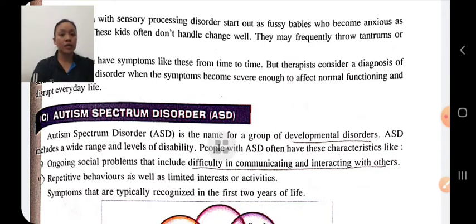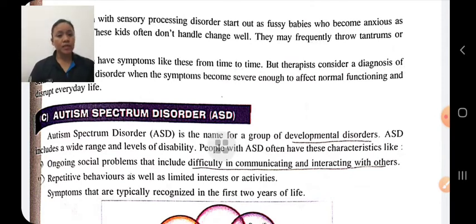People with autism spectrum disorders often have characteristics like ongoing social problems, facing difficulty in communicating and interacting with others, repetitive behavior, as well as limited interest or activities.